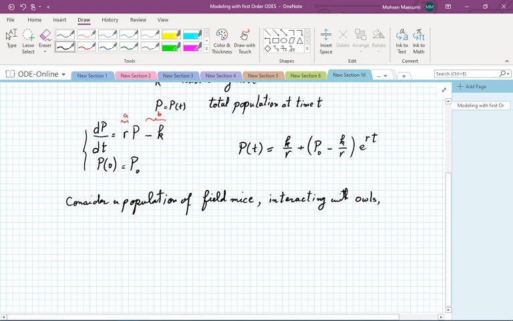So these field mice are interacting with owls, and we want to know, describe conditions under which the mice become extinct.